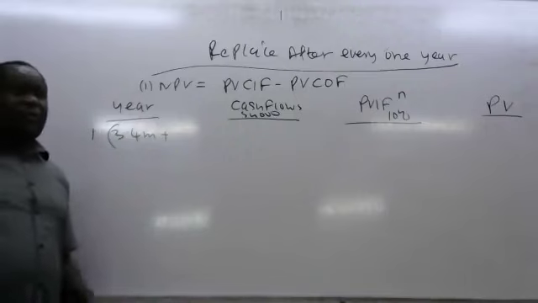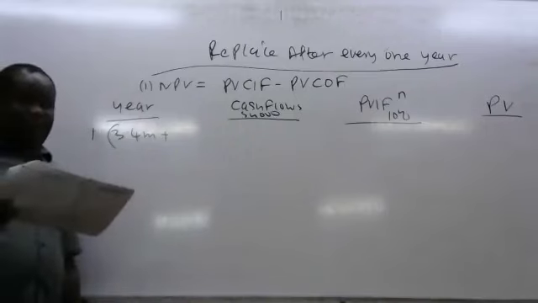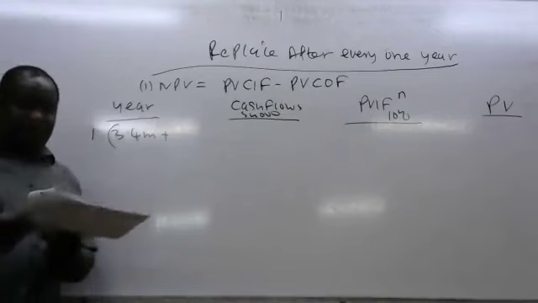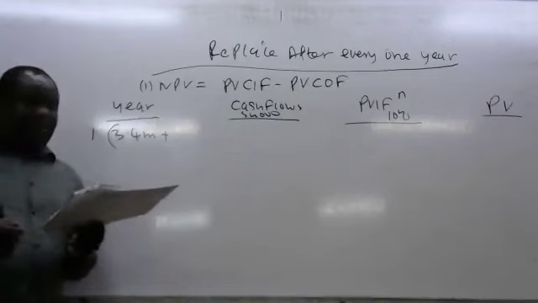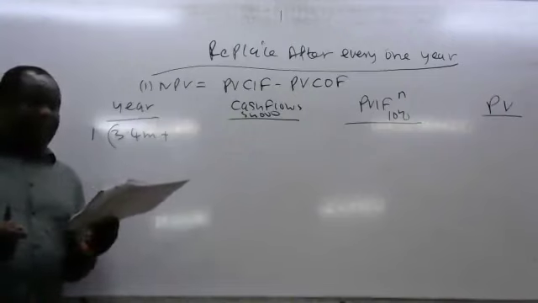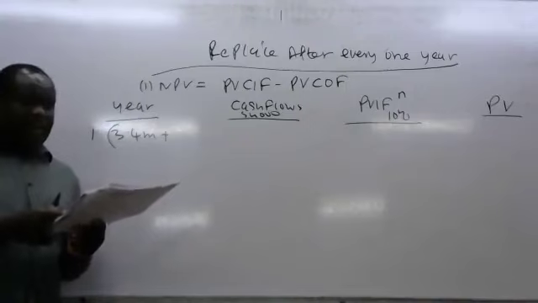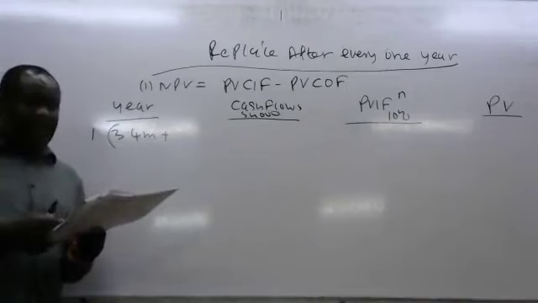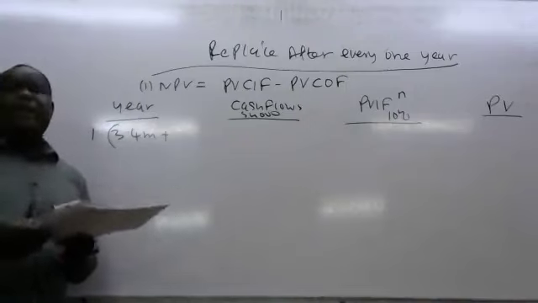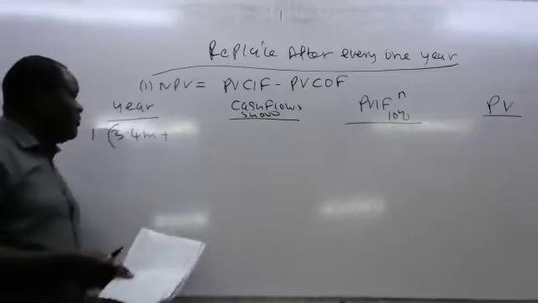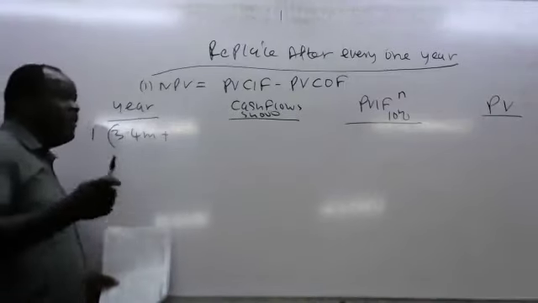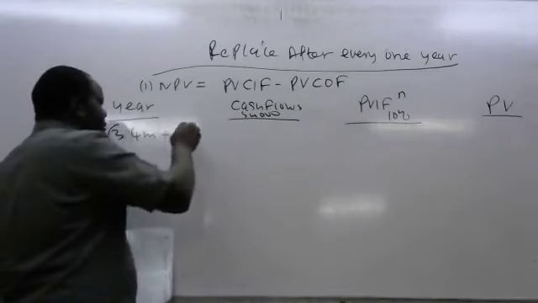Check in the question, what are we given as the resale value? You can see in the second last paragraph, the cost of buying the machine was 6 million. The resale value of the machine is 4 million for a 1-year-old machine. So when you replace it at the end of year 1, you sell it at 4 million shillings.